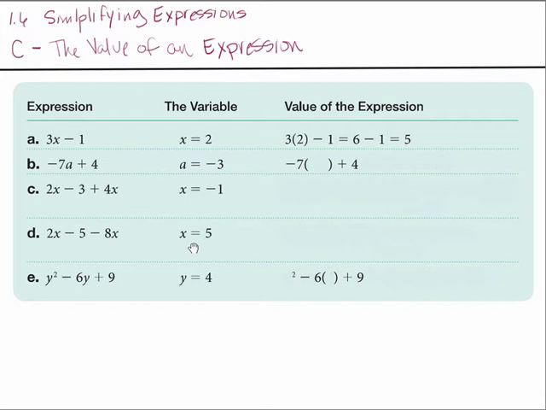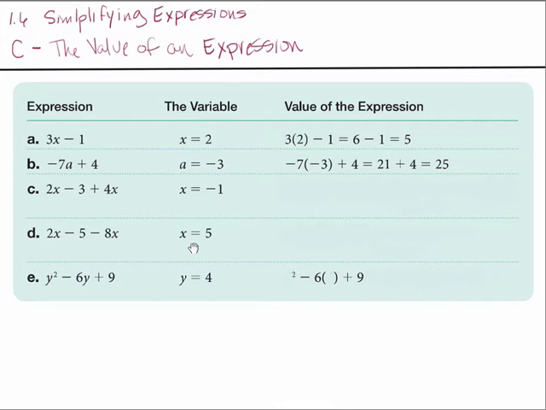We're replacing the a with its value, in this case, -3. Again, doing multiplication before addition gives us -7 times -3, which is +21, and then plus 4. All that's left is addition. 21 plus 4 is 25.